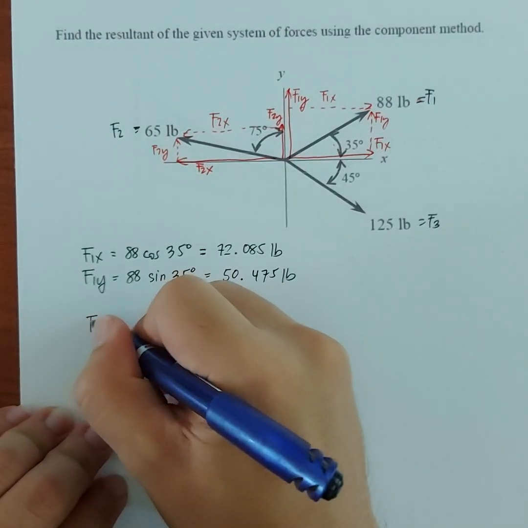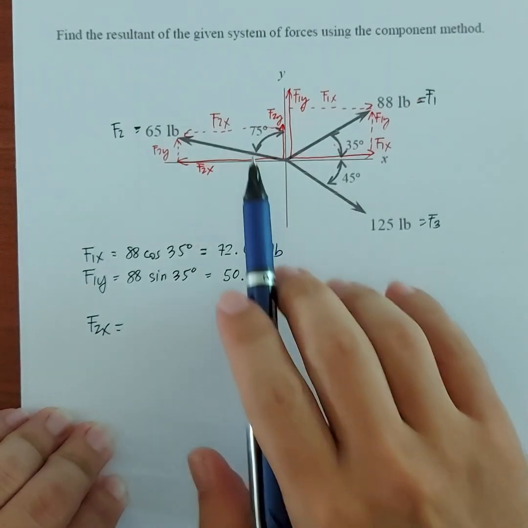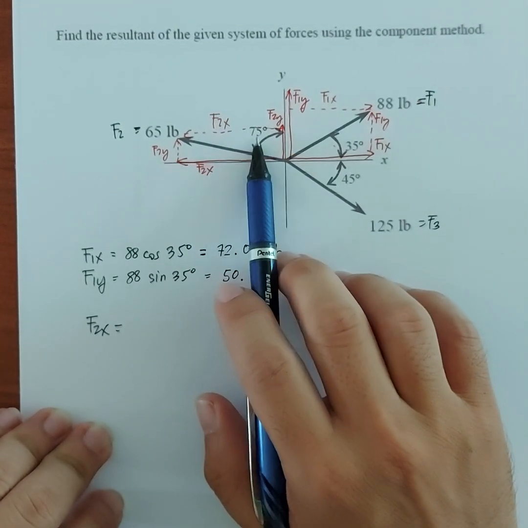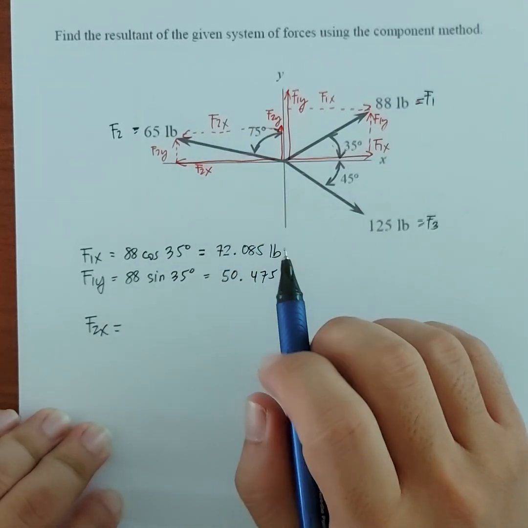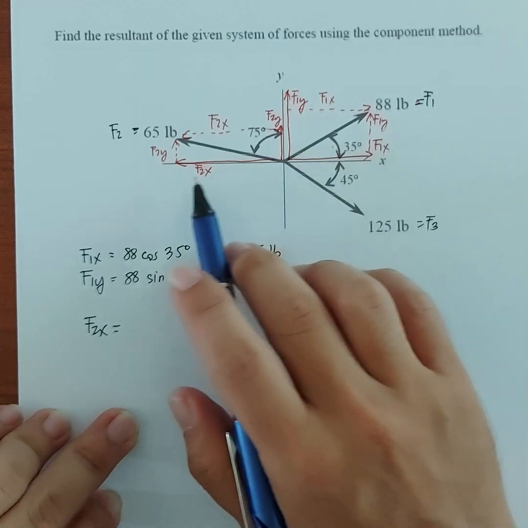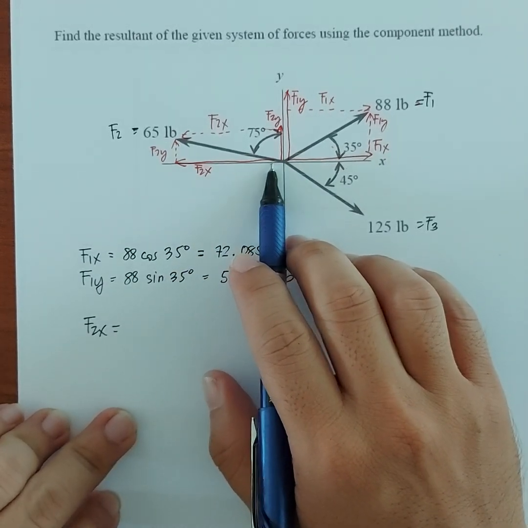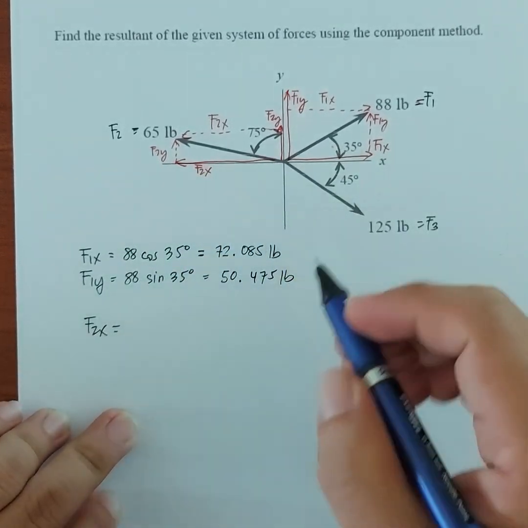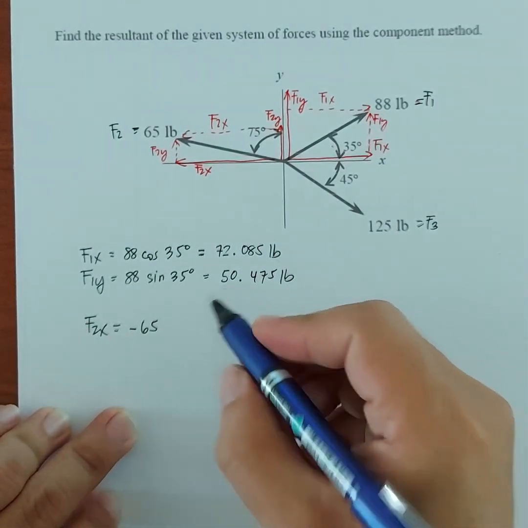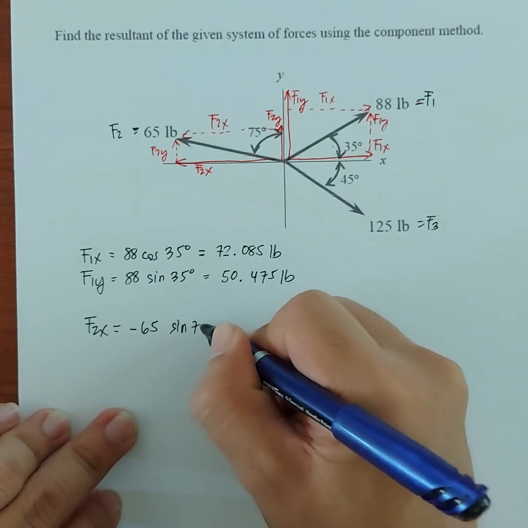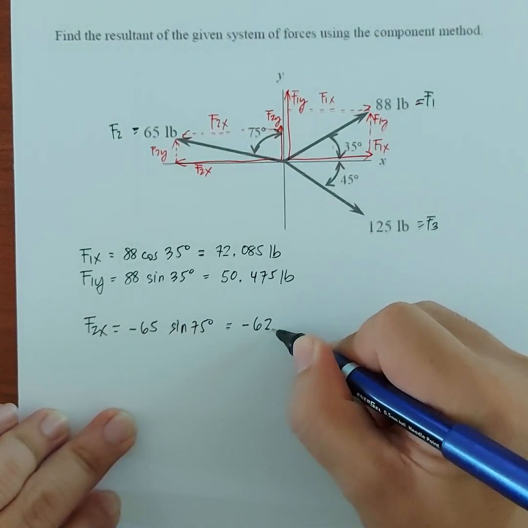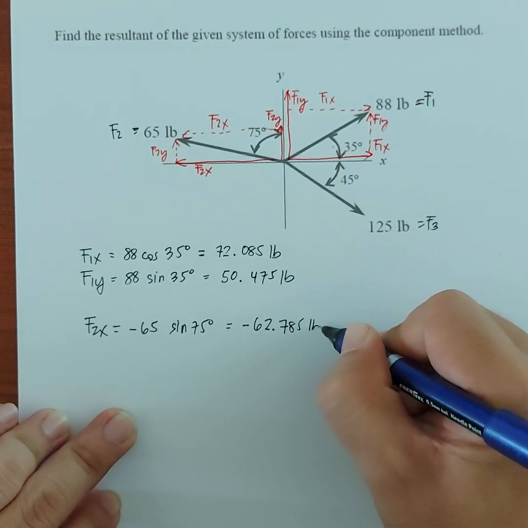Okay, so F2X is equal to X component. Let's just use yung given angle natin, 75 degrees. So, opposite side siya. So, since F2X is directed to the left yung direction niya, so negative siya. So, negative 65 sine of 75 degrees, and that is equivalent to negative 62.785 pounds.